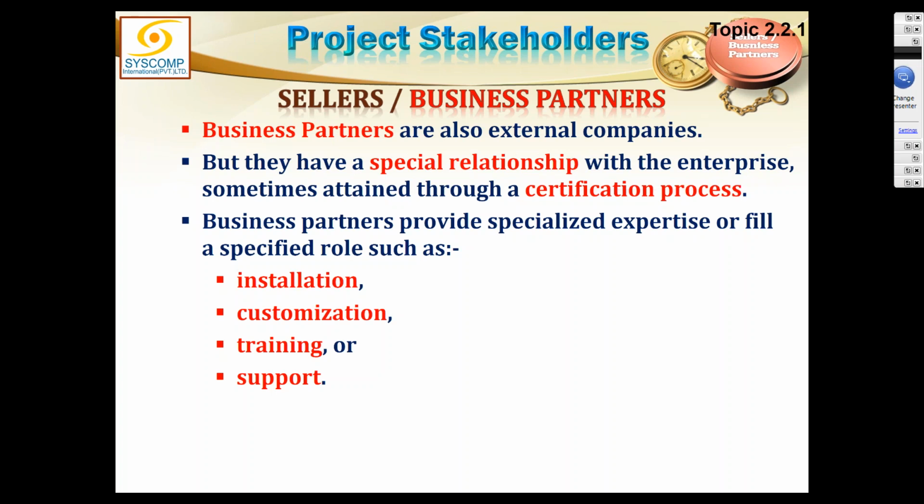So what we did was we got back to our sellers whom we were about to select, and we asked them to contribute to the project as a business partner. If they were only sellers, they would be getting a restricted amount of money and profit out of it. But once we offered them to be the business partners, the whole scenario changed.